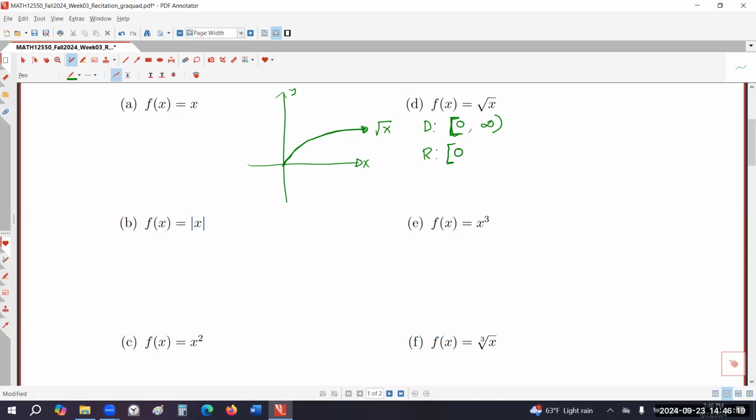It doesn't have any hole, so it's a bracket. And the graph is going on forever upward. It grows slowly, but actually it goes on forever. So what would be the highest y value you can see in our function? Infinity. So surprisingly, domain and range are the same thing.